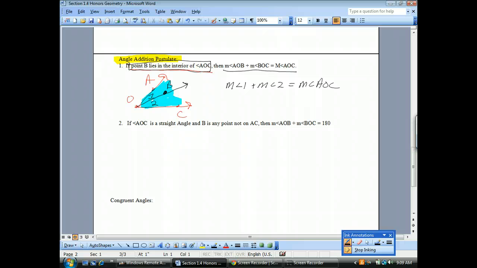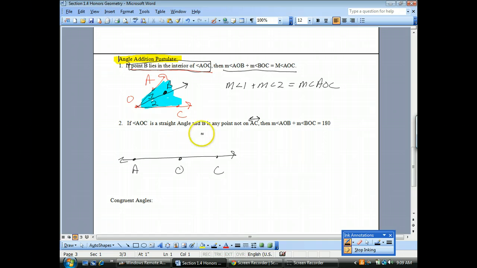And then there's a second part to the angle addition postulate, because if there's a straight angle, we can't talk about B being inside. So here's A, O, C. So we have to talk about B being a point that is not on, whoops, this needs to be line. It is not on line AC.